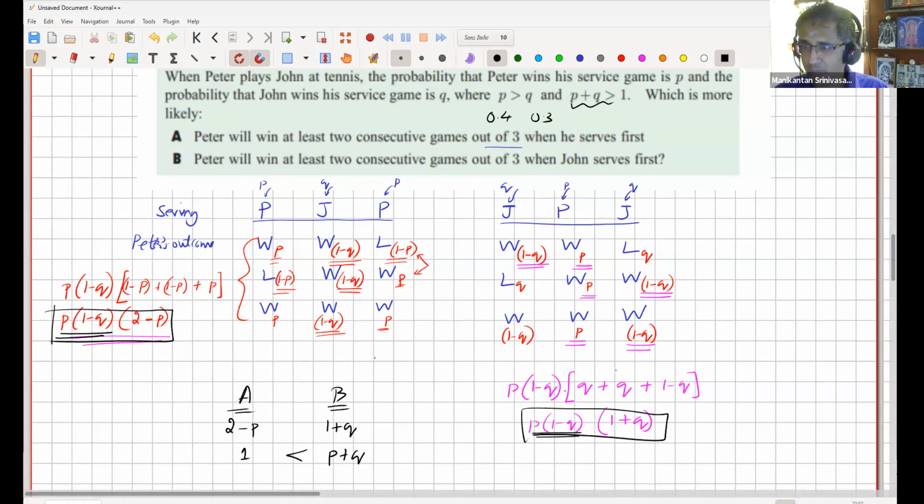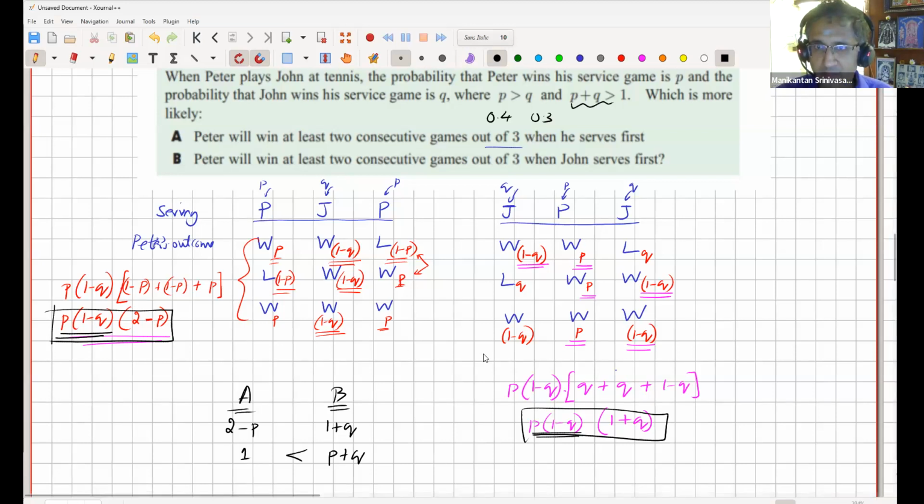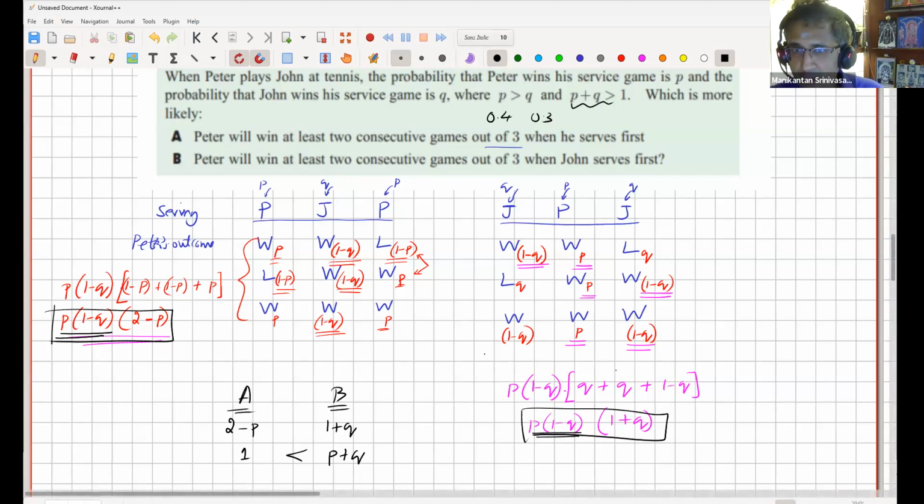With 0.4 and 0.3, P plus Q is less than 1. Had it been 0.6 and 0.5, where still P is greater than Q, but the combination is greater than 1, then it works out this way. So it's a little non-intuitive. Depending on what the P plus Q sum would be, the answer would be different. Does it make sense, Navya?